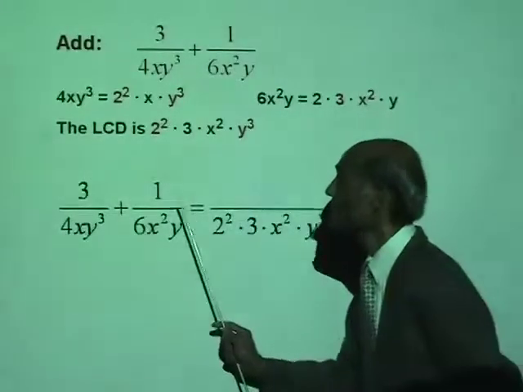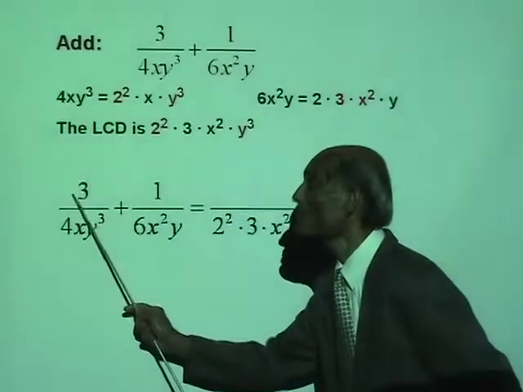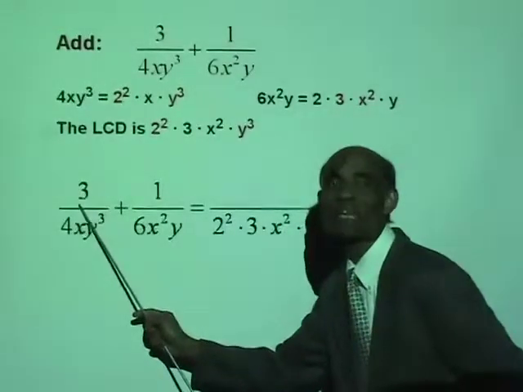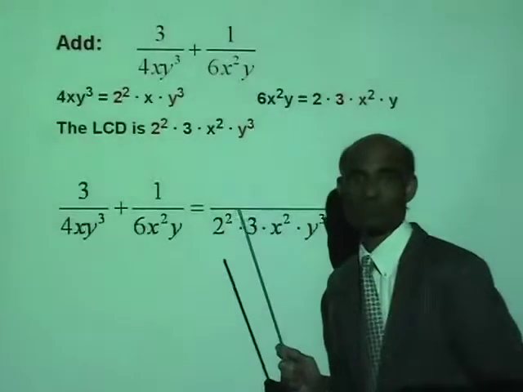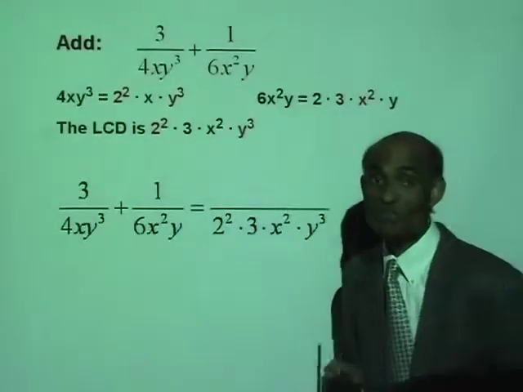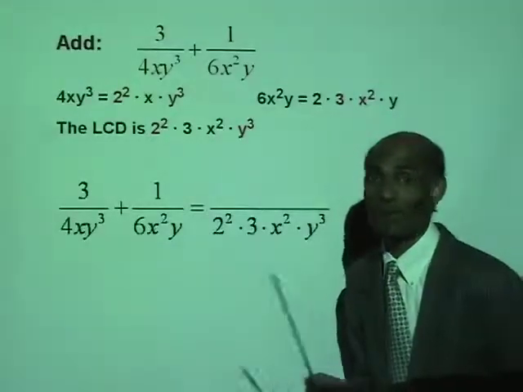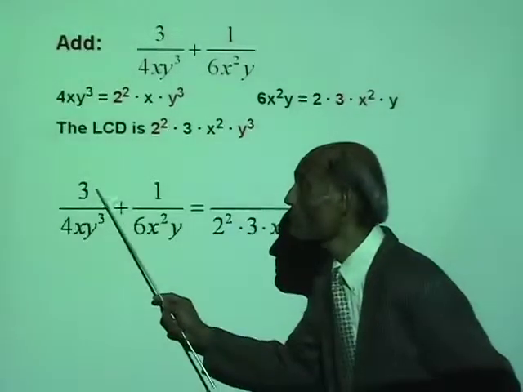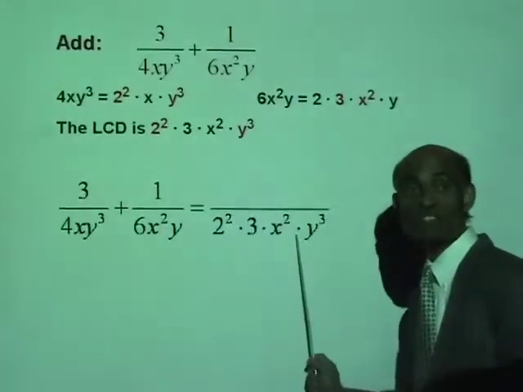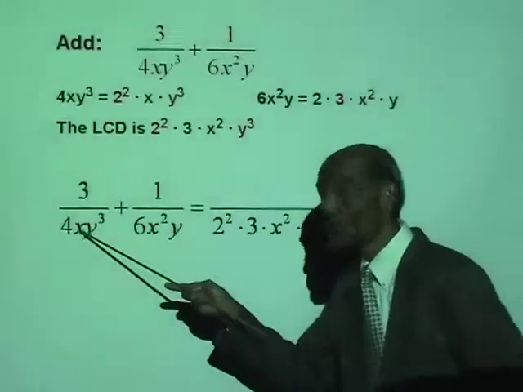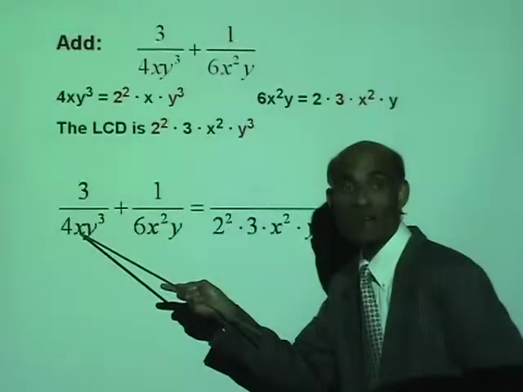Alright? Now tell me, what are you going to multiply this 3 with in order to write it on the numerator? If you understand the principle that I have been telling you, this 3 will be multiplied by those factors in the LCD that are not on this denominator.